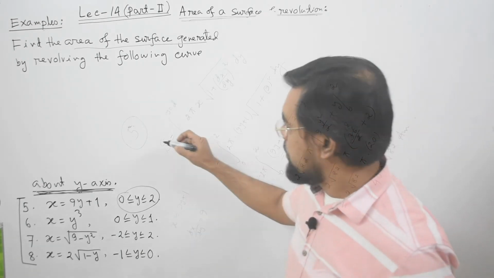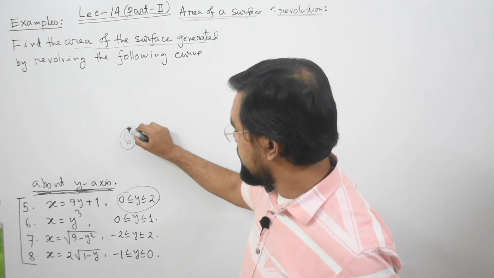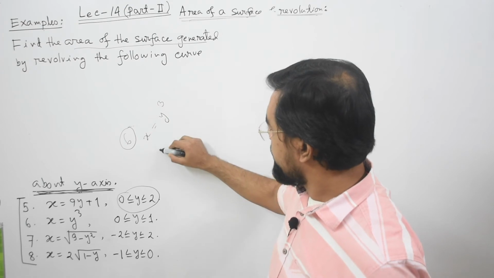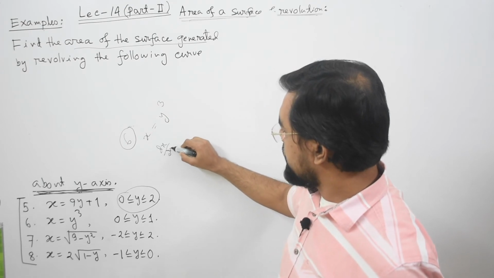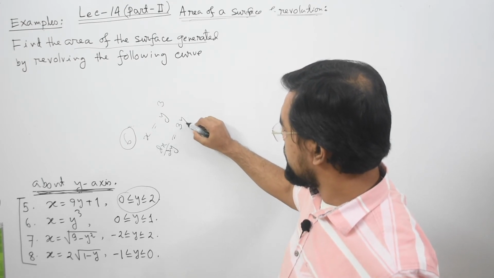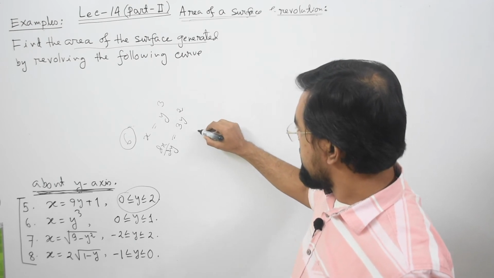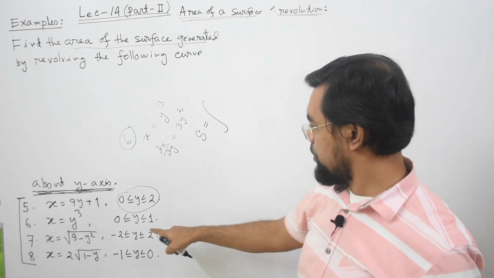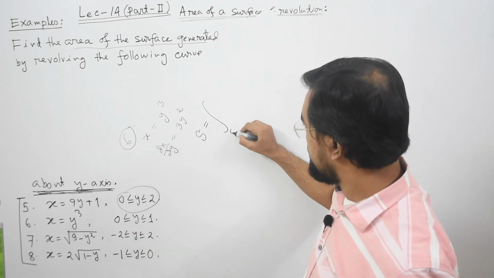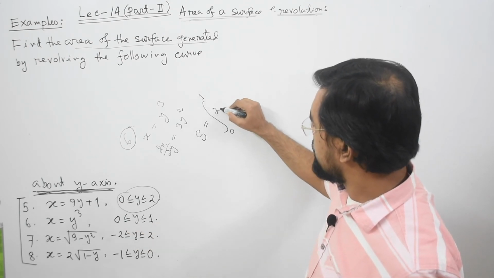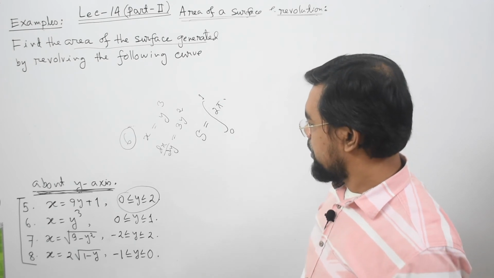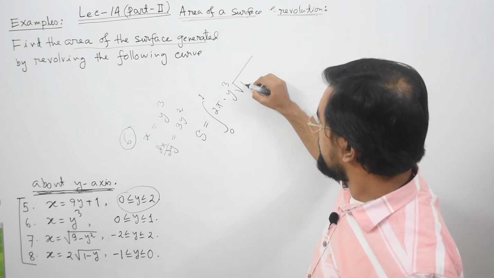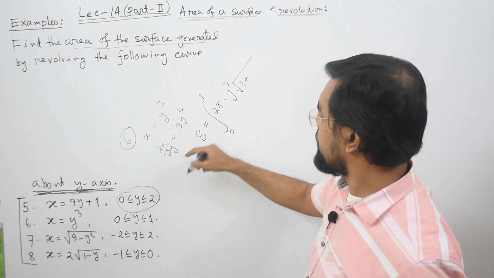This is the answer. And for the next problem, problem 6, here x equals y cube. So dx/dy is equal to 3y square, and our area formula has lower limit 0, upper limit 1, integral from 0 to 1 of 2 pi x, where x equals y cube, times the square root of 1 plus dx/dy whole square.